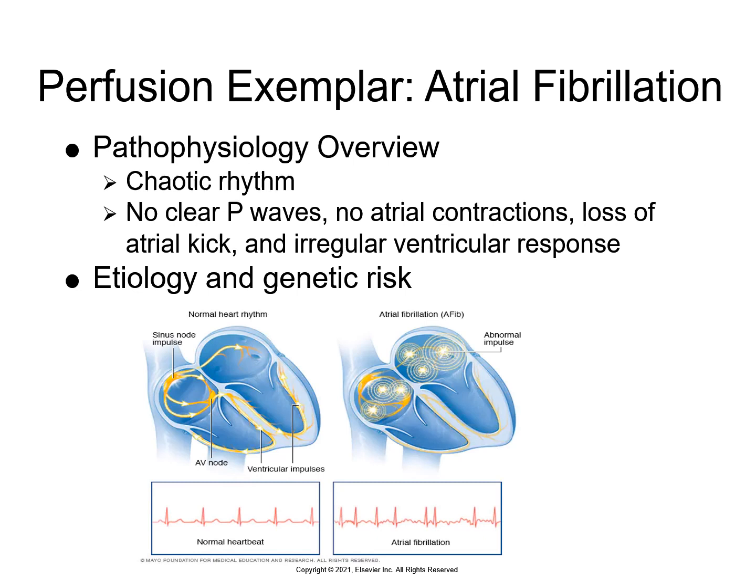There are no atrial contractions, and there's a loss of the atrial kick that we get when the P wave goes through correctly, and we have a very irregular ventricular response, which causes a very chaotic-looking rhythm. It's irregular.